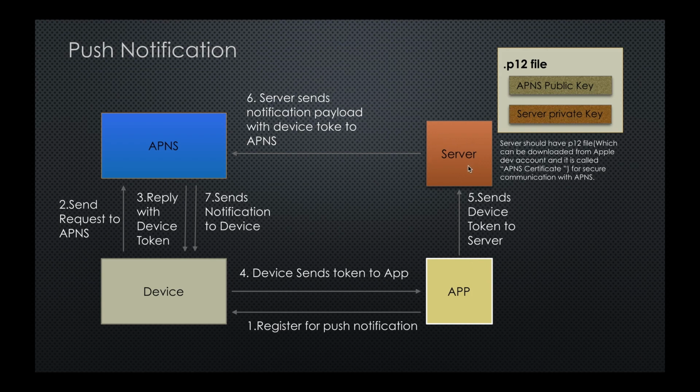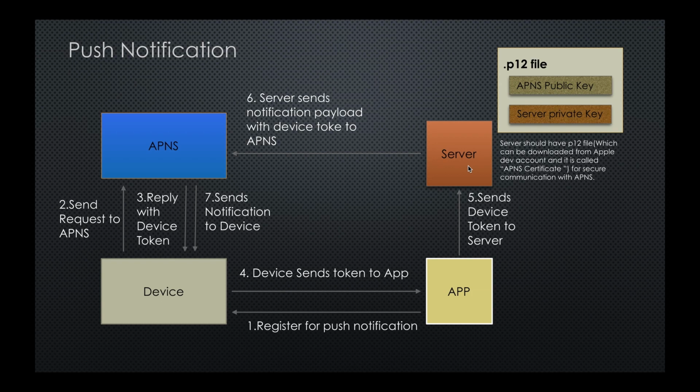Now in the fifth step, this app sends the device token to the server. Okay, so the push notification, you have to send from somewhere, right? So you will have to write some kind of code at your server side, which will create your message.